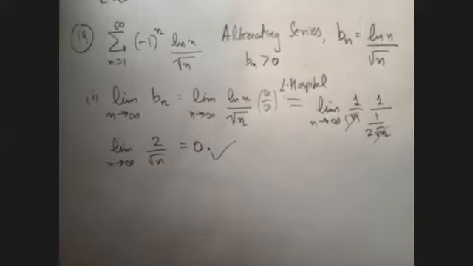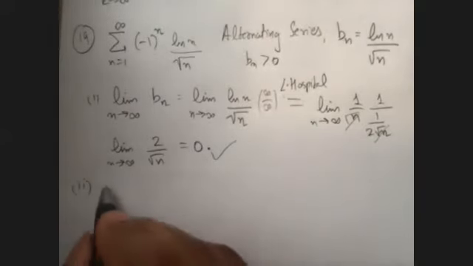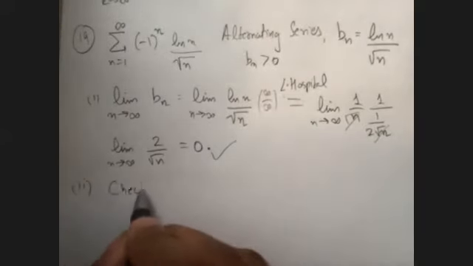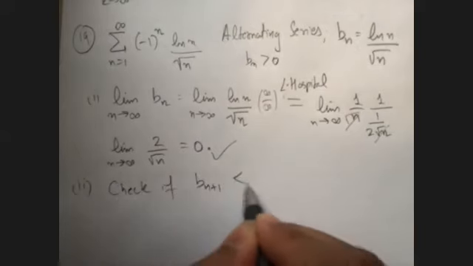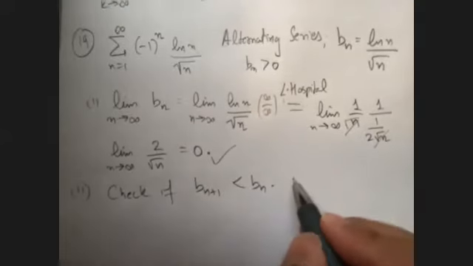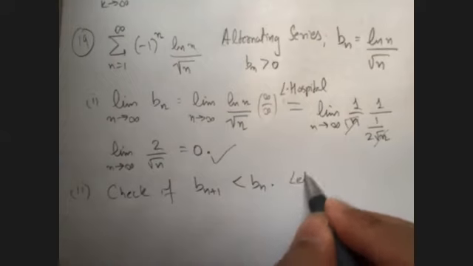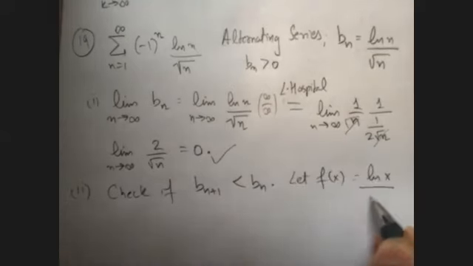The second condition is to check if Bn plus 1 is less than Bn. So we have to let f of x be ln x over root x.